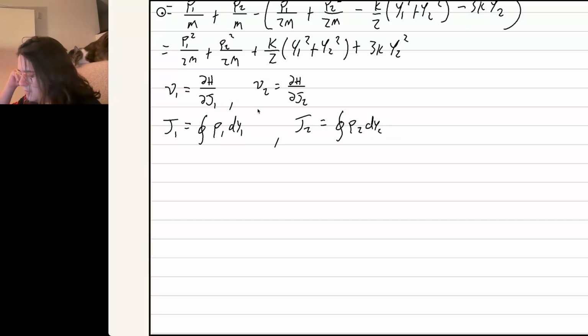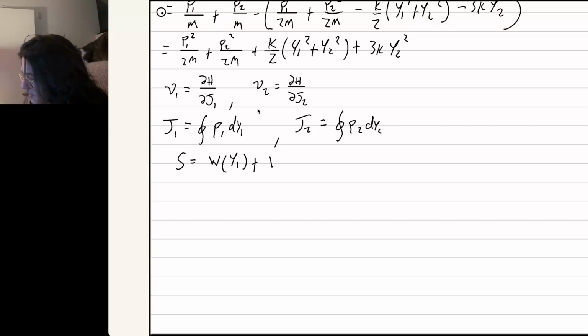Okay, so because the Hamiltonian is separable, we can write the Hamilton's characteristic function, or principal function actually, that's Hamilton's principal function S. It will be some function of y1 and then some function of y2, minus alpha 1 t minus alpha 2 t, right?